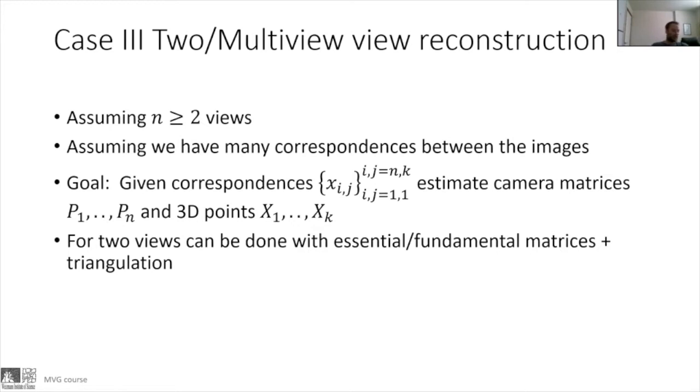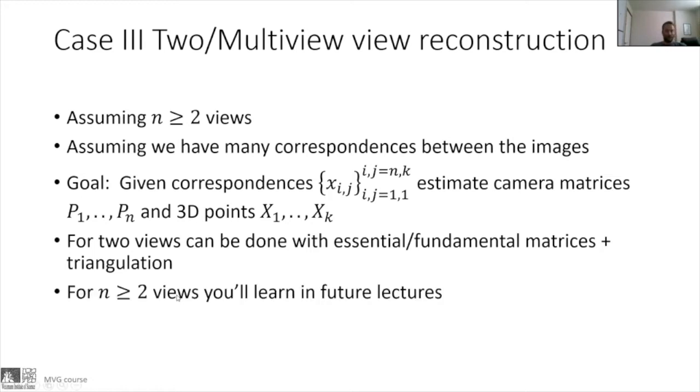The method you should be familiar with until this point in the course is how to do two views, where you can take the fundamental or the essential matrix, get the camera matrices, then do triangulation and get the 3D points, and get an initial reconstruction. For n larger than 2, you will see in future lectures, and we will discuss a bit about it today.